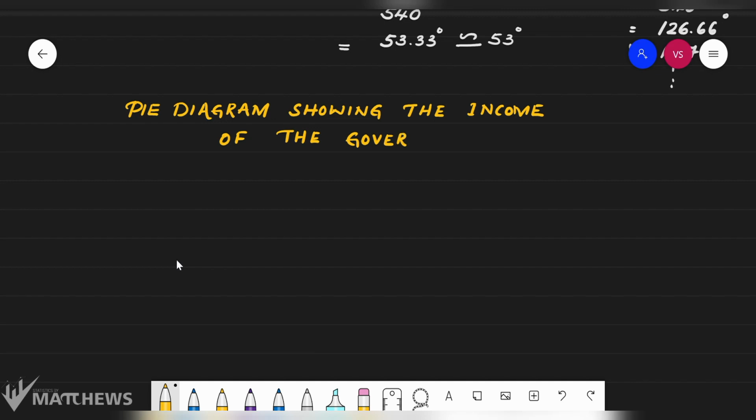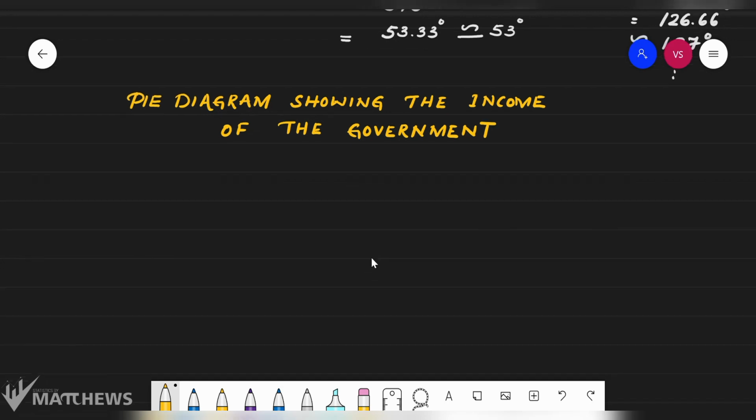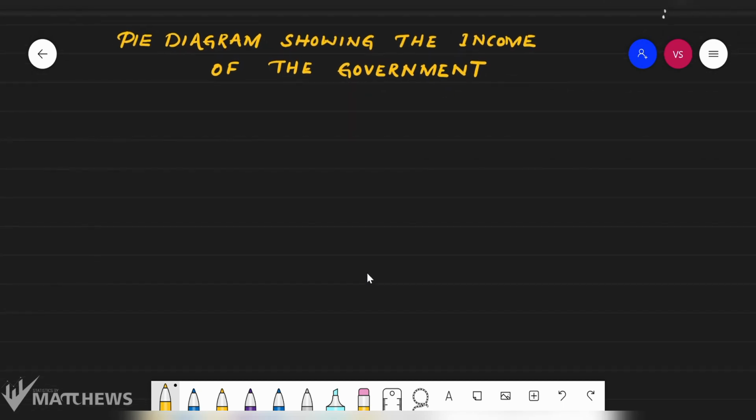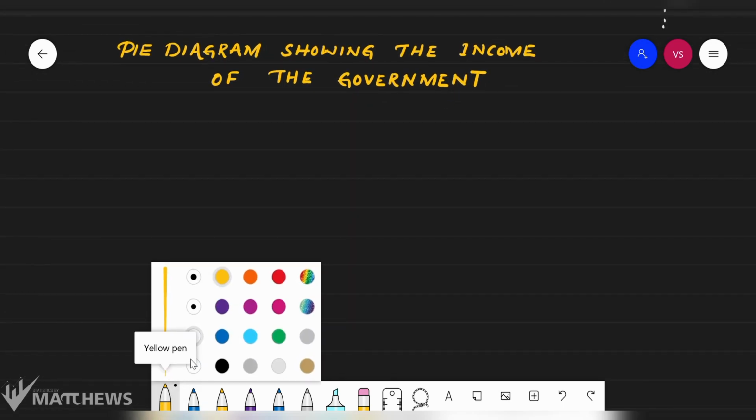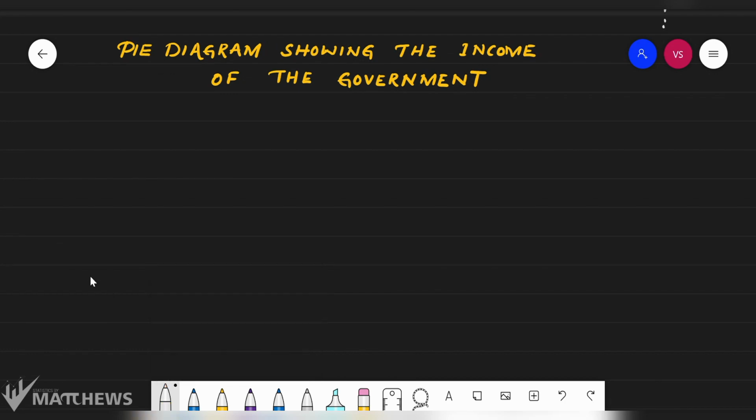Is that clear, students? So we need to make this very clear. So then afterwards we can start drawing the circle, and then all that whatever we need to do, we can do it, students. So first thing, right? Okay, let me draw the circle for you.